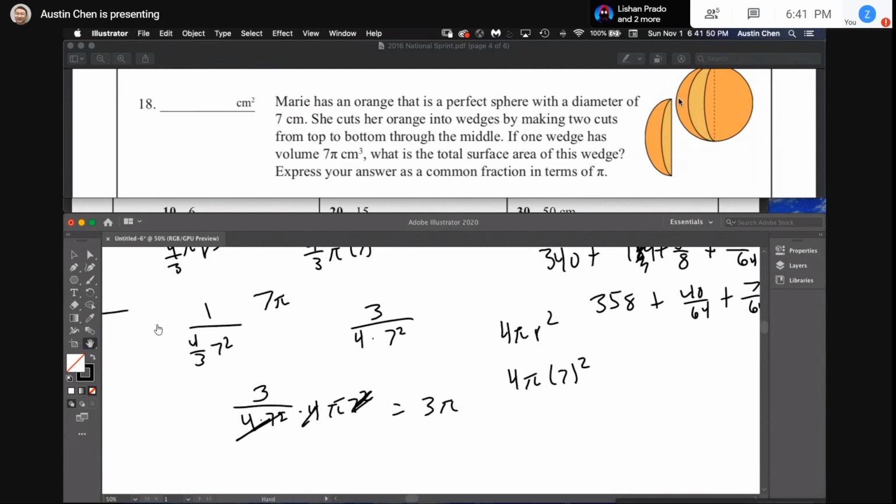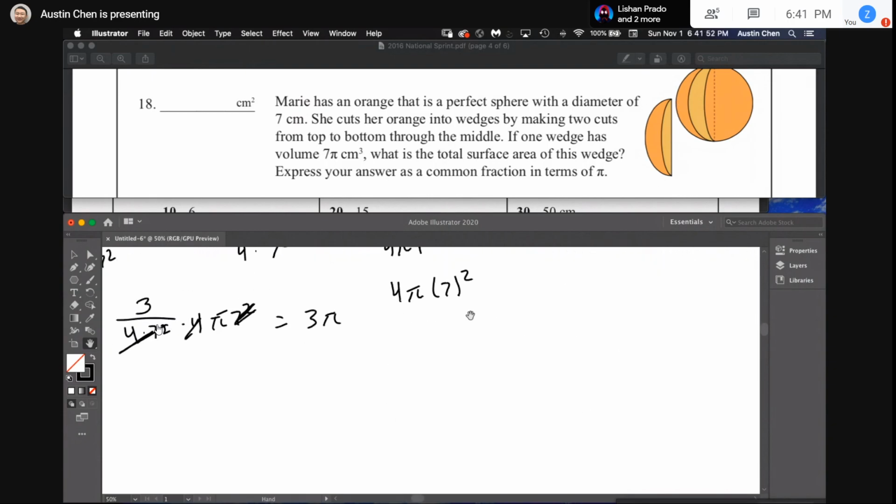But don't forget, we need to get that inner surface area as well, right? The inner surface area, those are just half circles of the sphere. If you have the sphere here, these half circles go through the middle of the sphere, and the diameter of that circle is also the diameter of the sphere.